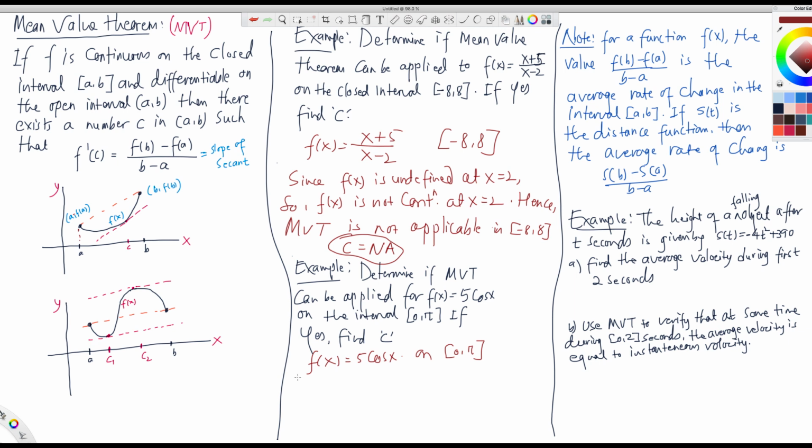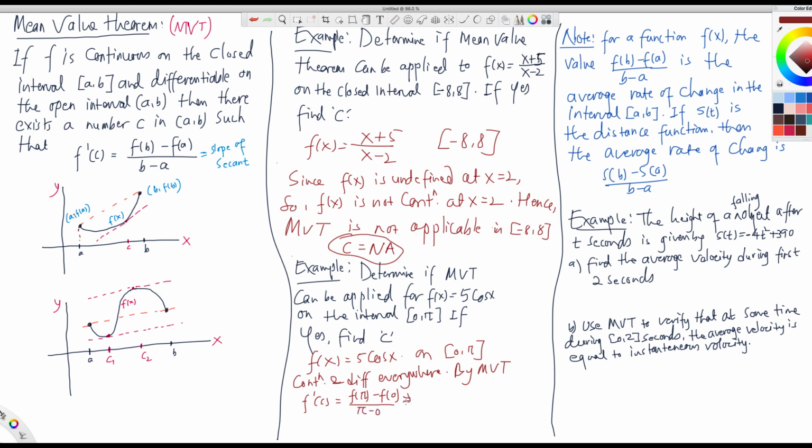It will be continuous and differentiable on this interval too. So by the mean value theorem, you can write f prime of C equals f of pi minus f at 0 over pi minus 0, right?